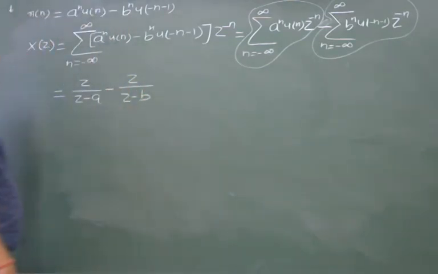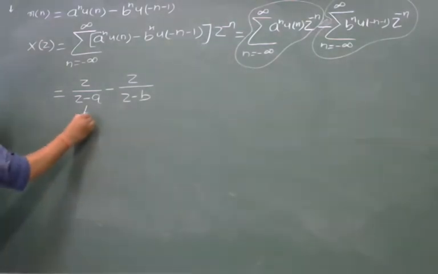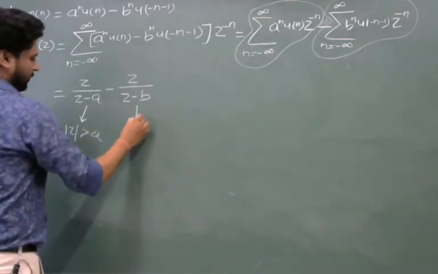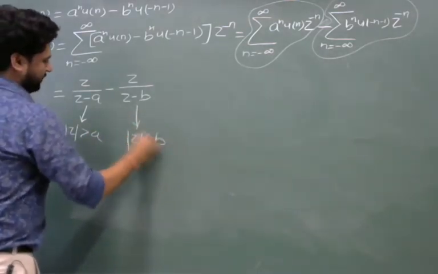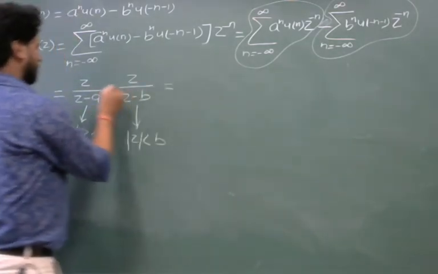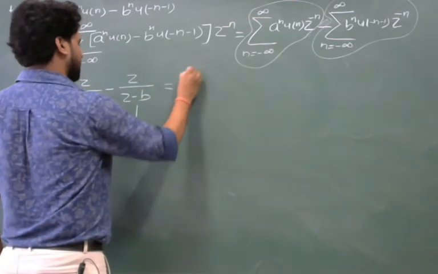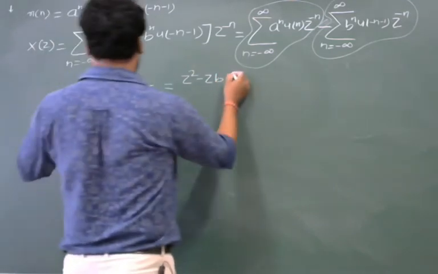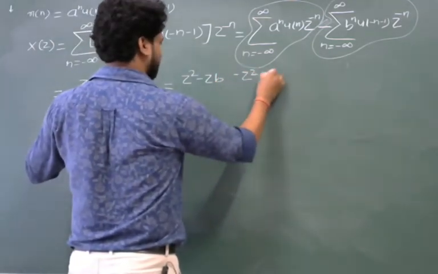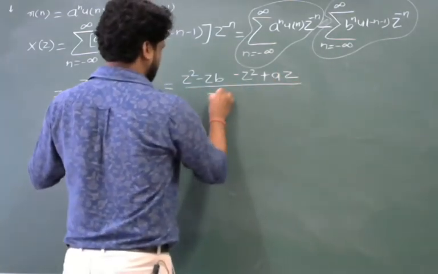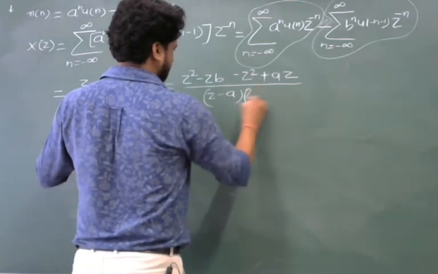We have seen this in the previous case, but the region of convergence for this will be mod of z greater than a, and for this mod of z less than b. We can further simplify these two. Multiplying these two, this will become z square minus zb minus z square plus az, divided by (z minus a) into (z minus b).